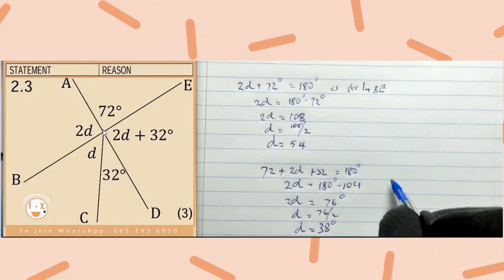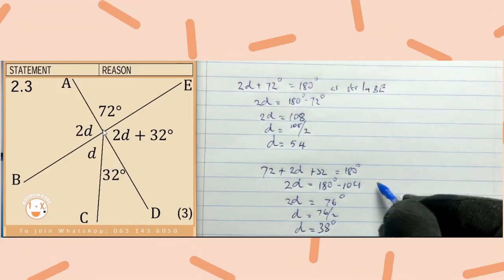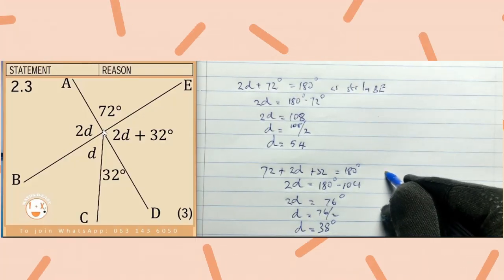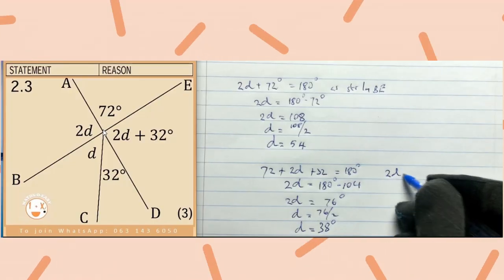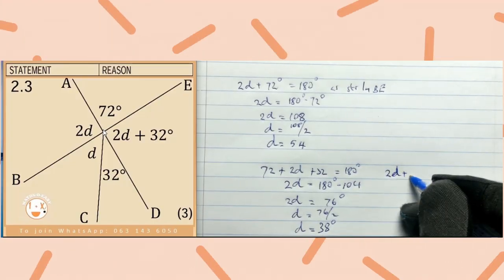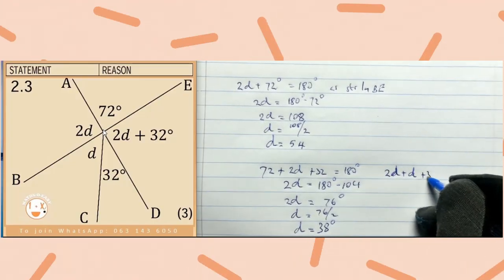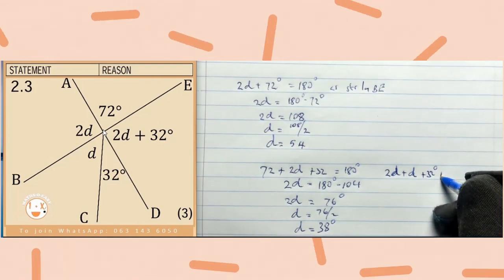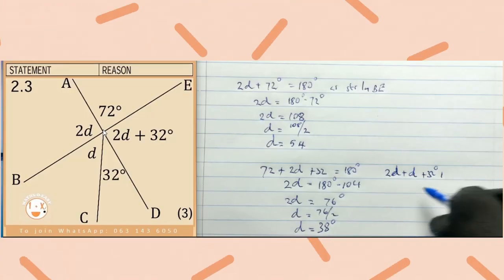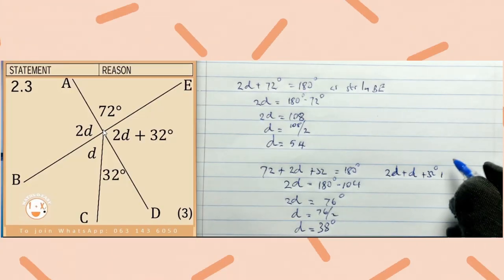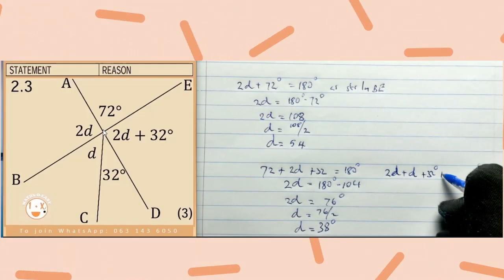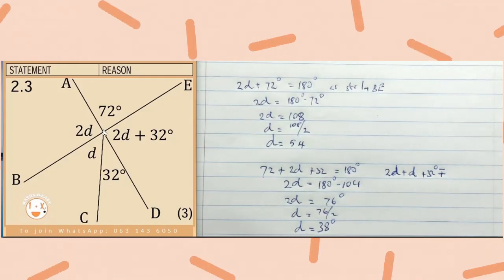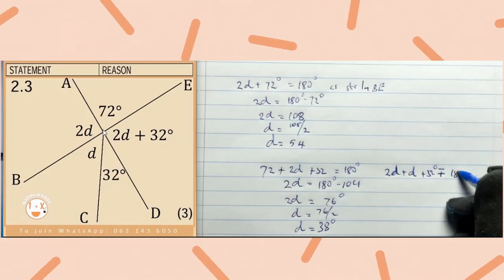What if we take this line now, on the bottom of AD? On the bottom of AD, what do we have? We have 2D plus D plus 32. So if you use your eyes and you assume that these lines are all straight, the examiner's got you. So 2D plus D plus 32 is equals to what? 180.